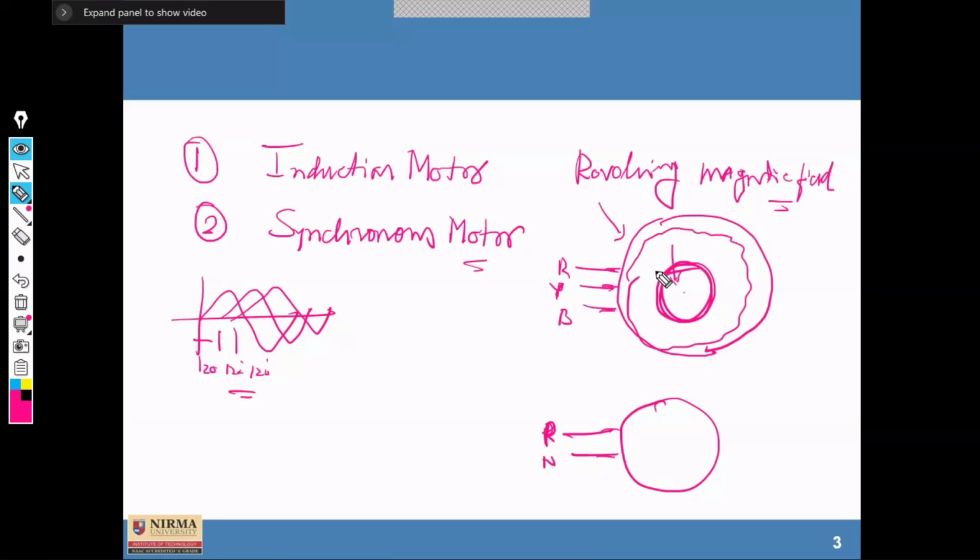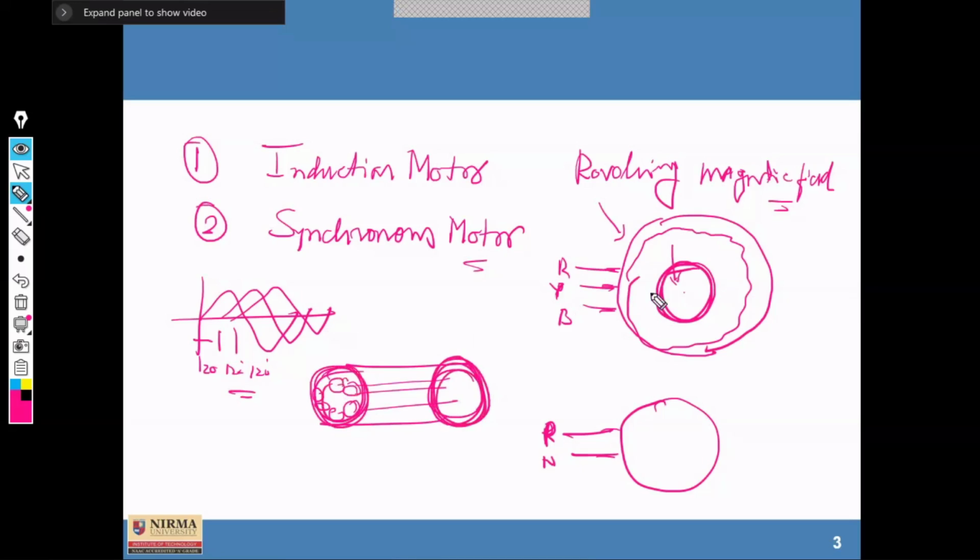Then obviously the torque is going to be exerted. Fine. So similarly here, in the rotor circuitry the heavy copper bars are inserted, and these copper bars are short circuited at the end.